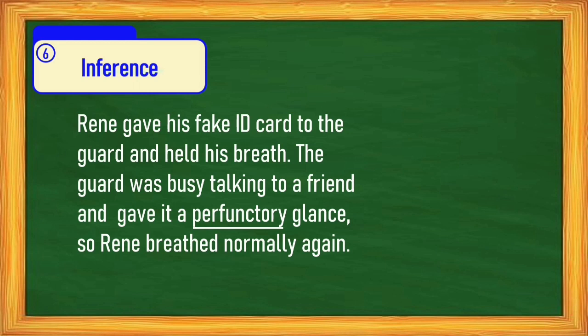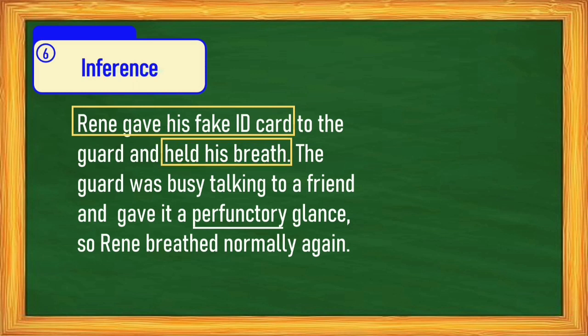The difficult word here is perfunctory. And just like the detective, let us look for the evidences in this example. So the first event was Rene gave his fake ID card to the guard, and then he also held his breath.